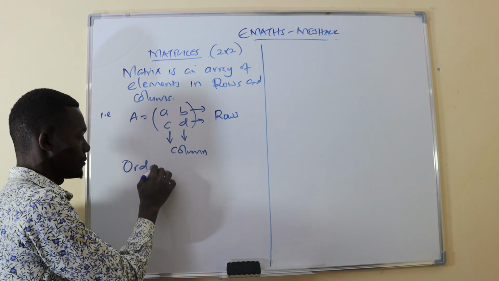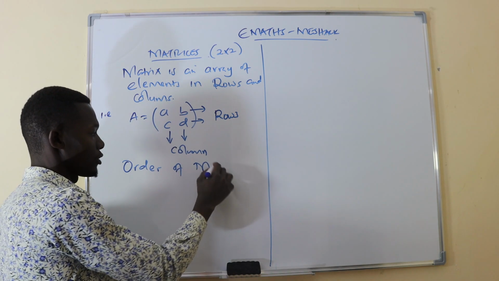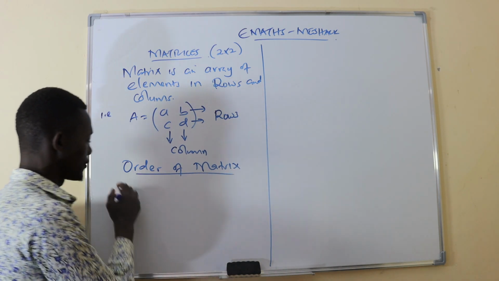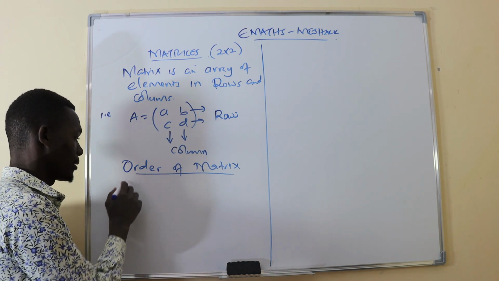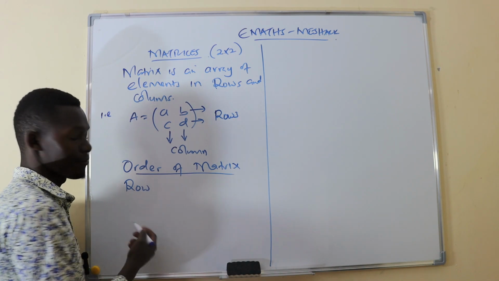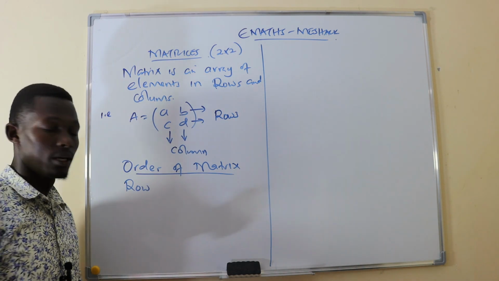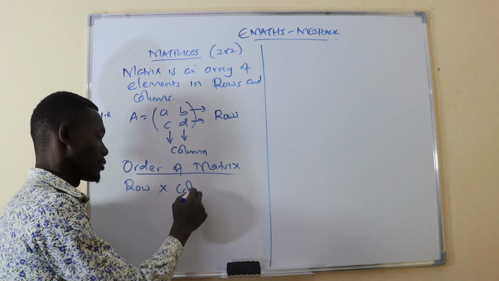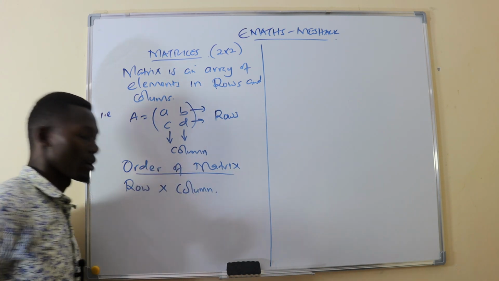The order of a matrix is given in terms of rows and columns. The first number is the row, and the second number is the column.